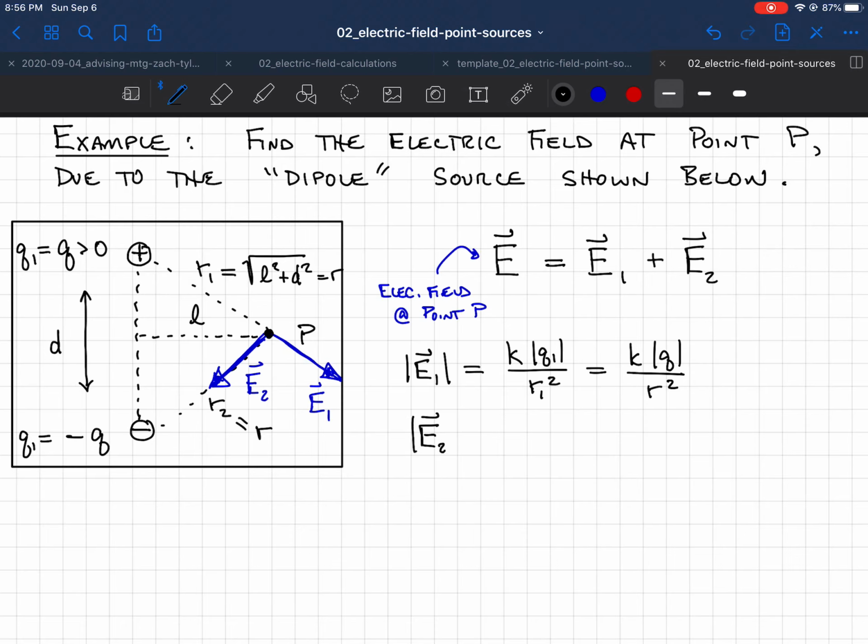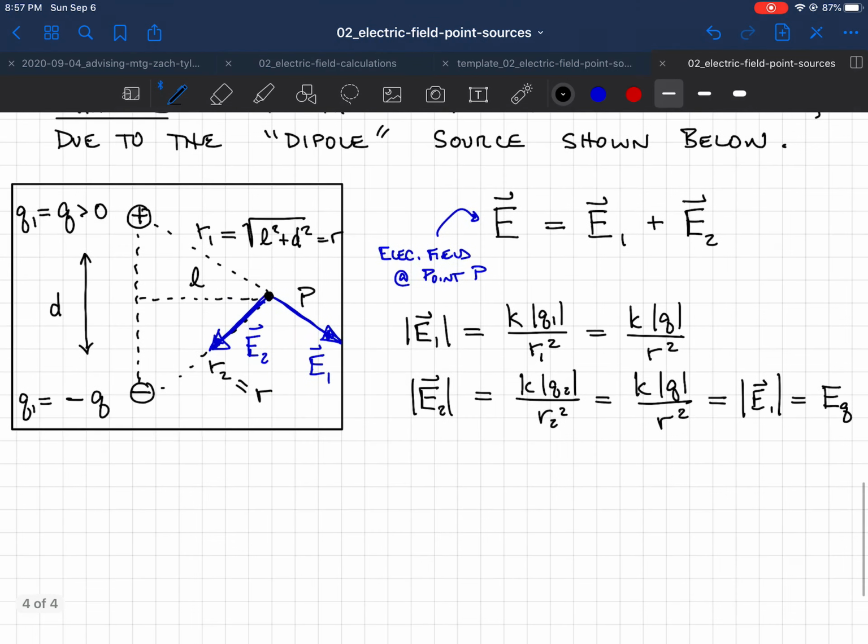The second field vector, as I've almost said already, is exactly the same. It's K absolute value Q2 over R2 squared, but again, these are K Q over R squared. So E2 is equal to E1 in magnitude, and we could just call that E_Q, just to make something brief. So they each have the same magnitude, and they're going to be given by that.